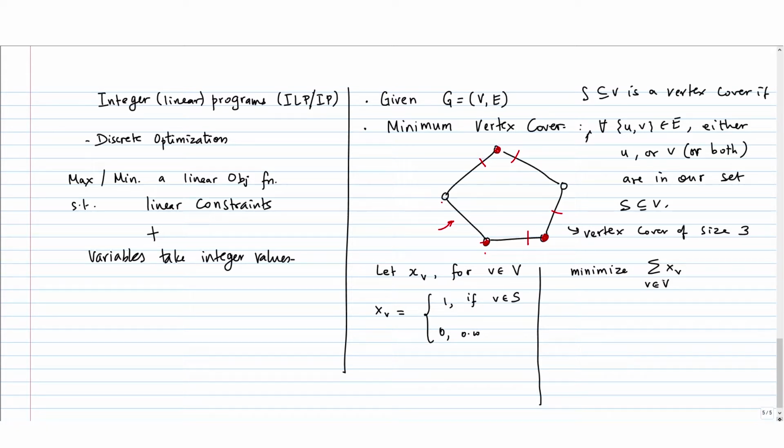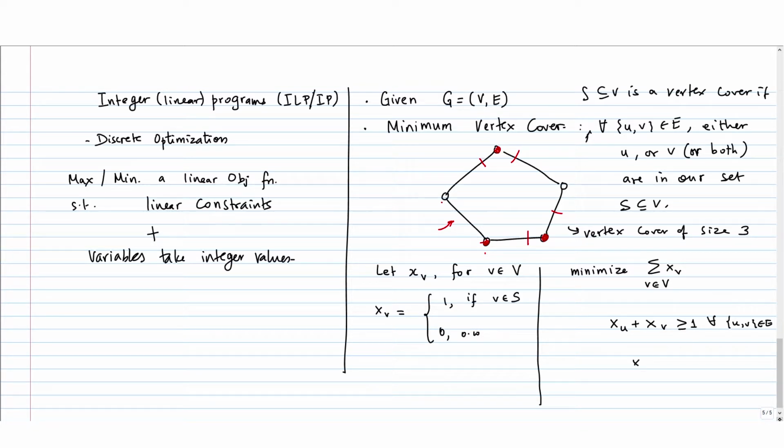The constraint we want is that for every edge, one of the endpoints is in the set. That is, that x sub u plus x sub v is at least 1 for every edge in the graph.